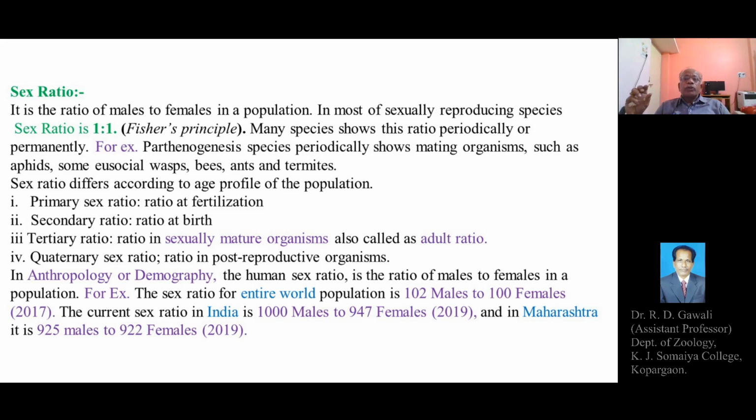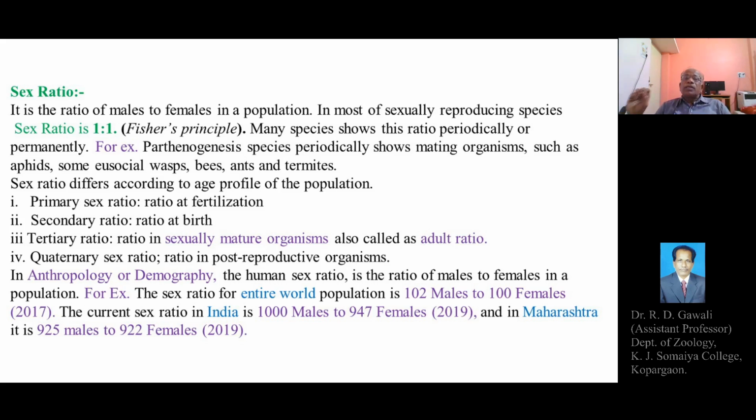The current sex ratio in India is 1000 males to 947 females according to the survey of 2019. And in Maharashtra, it is 925 males to 922 females.